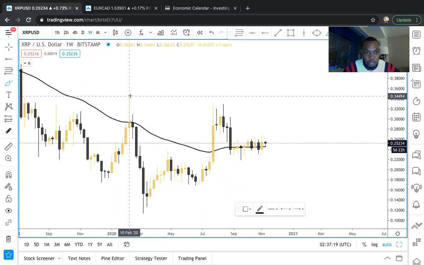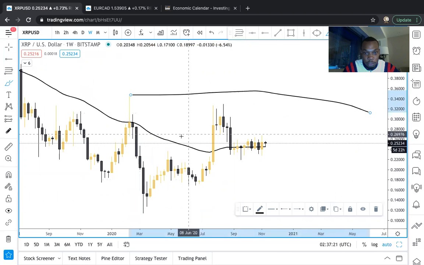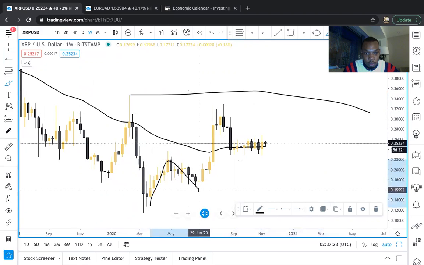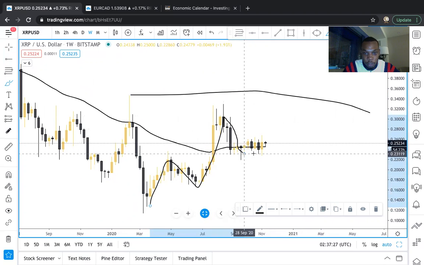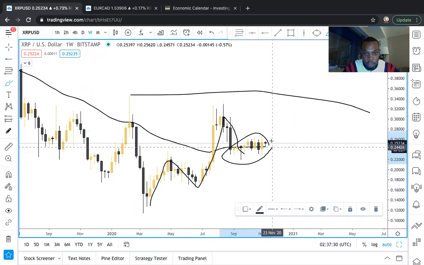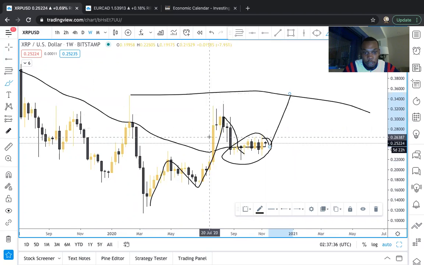So we haven't technically broken above this resistance yet, but that's where we're coming to. So boom, boom, the market pushed down to this level right here, and we're at consolidation right on the 50 EMA. So I expect the market to consolidate and eventually give us that boom to the upside.